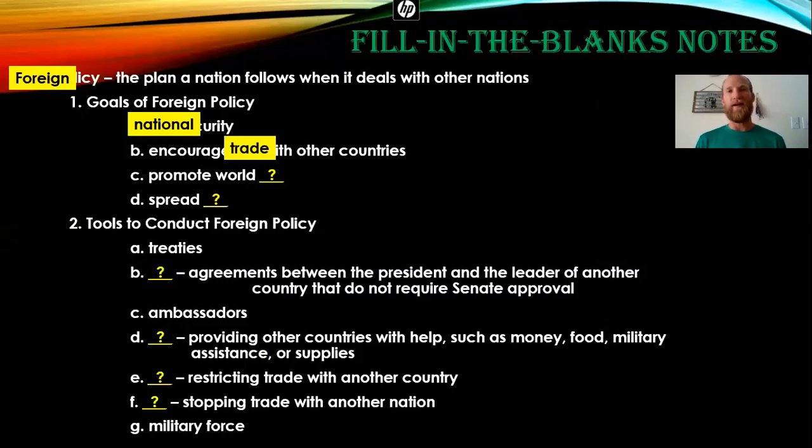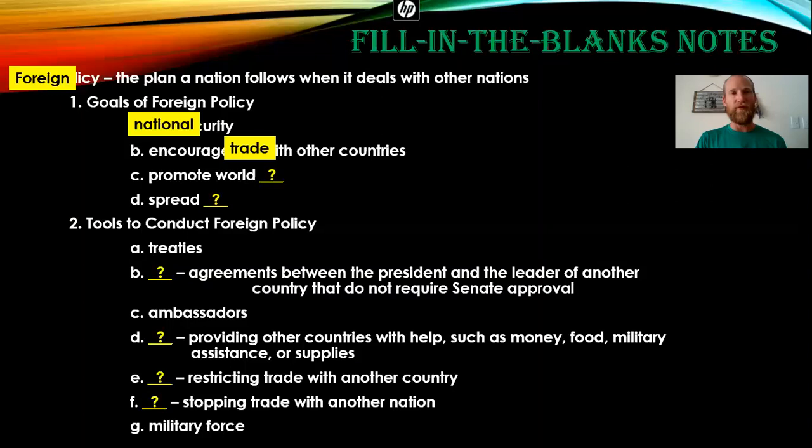So if we are able to make trade agreements with other countries, that's going to help U.S. businesses, which also in turn helps U.S. workers. So encouraging trade with other countries, again, will help our country financially. It'll help us grow economically.